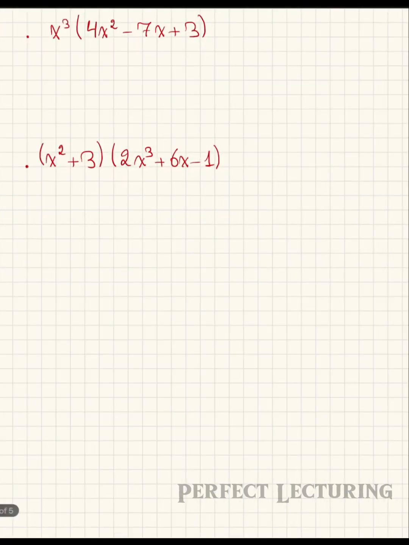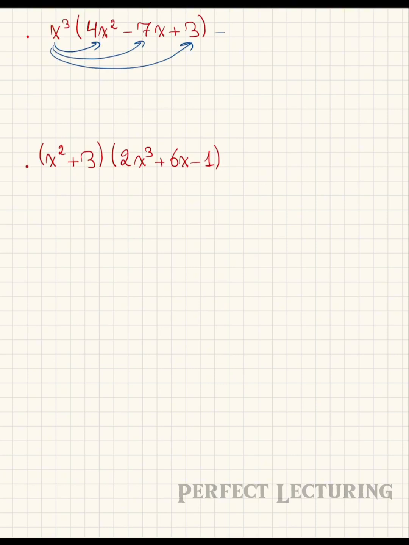Let's now do a couple of examples. In the first example, I have x to the power of 3 multiplied by the other factor. When I multiply, I have to distribute x to the power of 3 over the entire next polynomial. I mean, I have to multiply it by every single term in this polynomial.